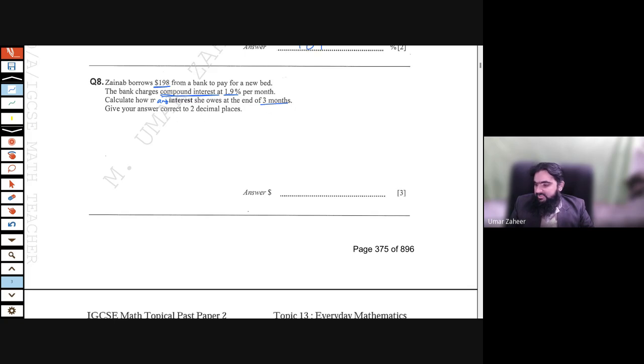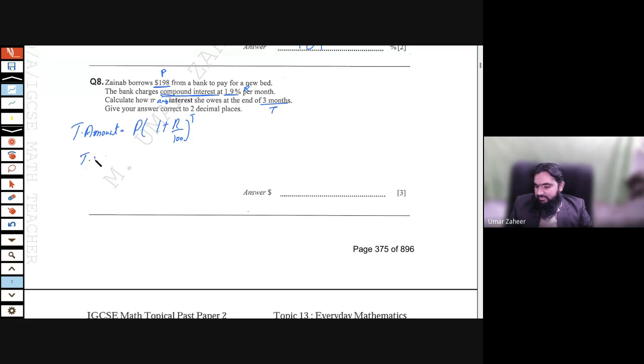The time is given, the rate of interest is given, the principal amount is given. So you have to calculate the interest. It is a compound interest. So in compound interest, you will directly get the total amount first. So the total amount is equal to P into (1 plus R over 100) whole power T.